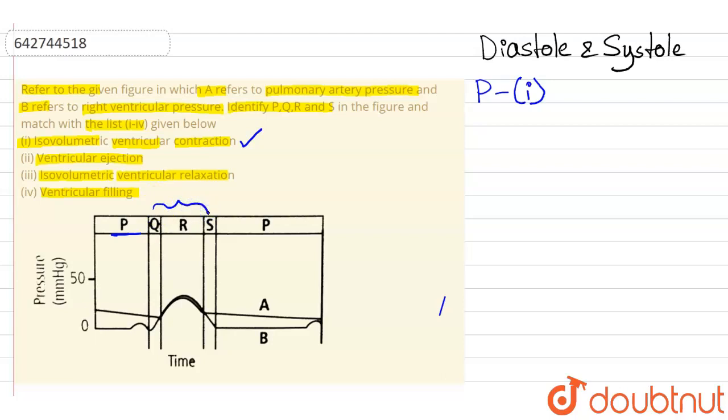And with all the valves closed, the ventricle generates positive pressure without any change in its volume to overcome the semilunar valve's resistance. As there is no change in the volume, it is known as isovolumetric. So it represents the beginning of systole.